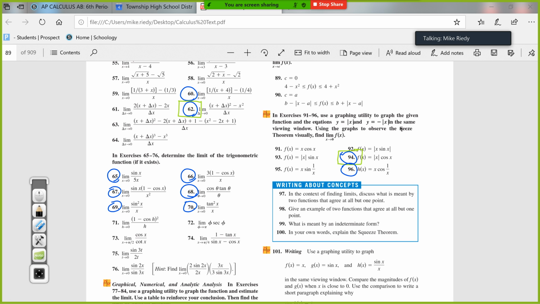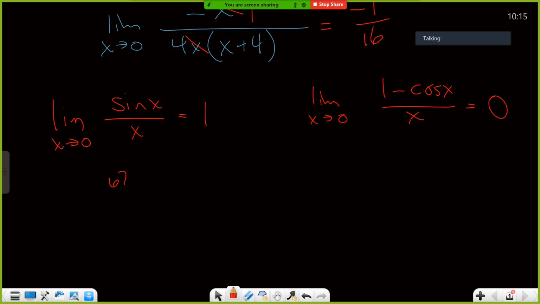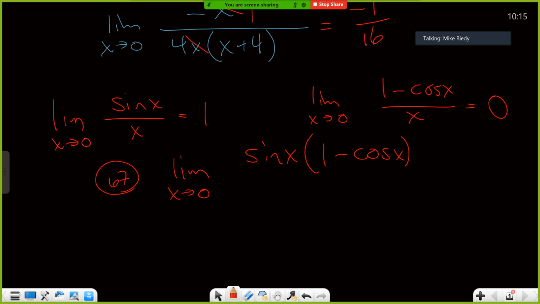Here we can split it into two parts. So let's talk about 67. The limit as x approaches 0 of the sine of x times 1 minus cosine x all over x squared. Now your first reaction might be, okay, I'm going to distribute the sine of x. Don't do that.